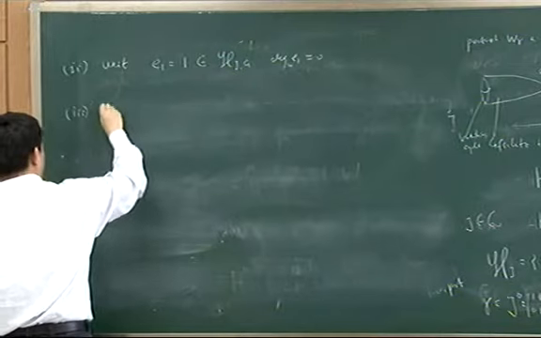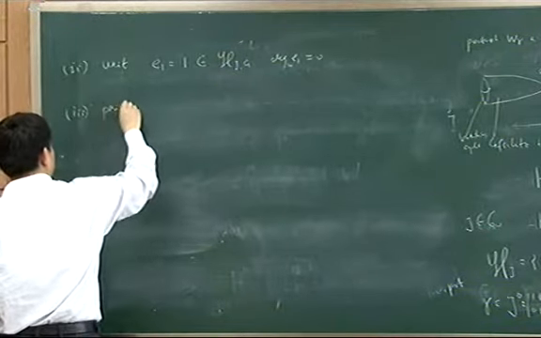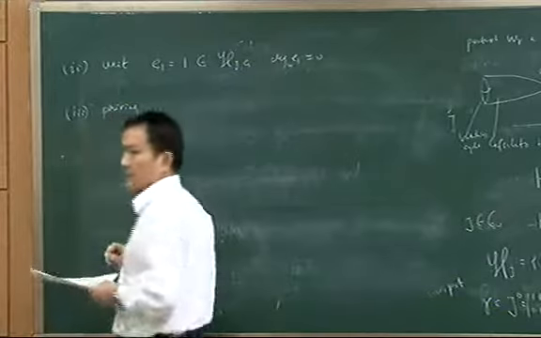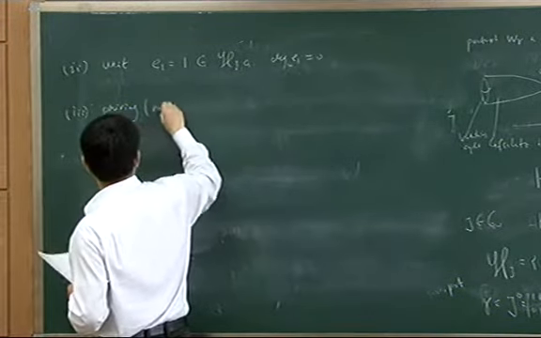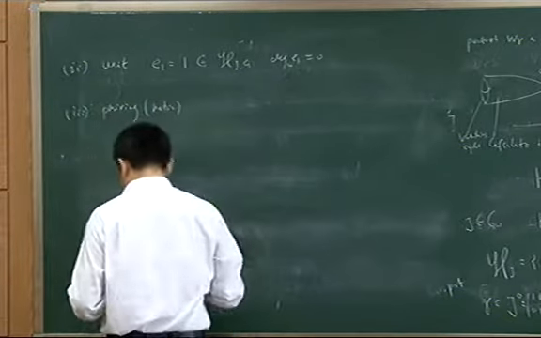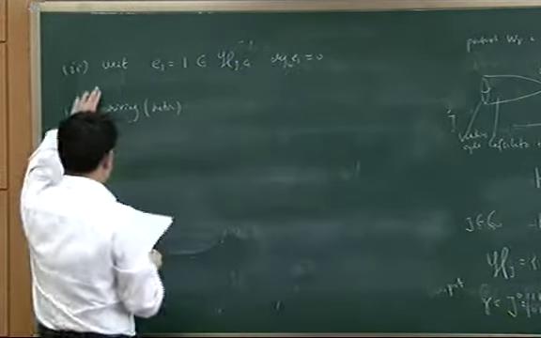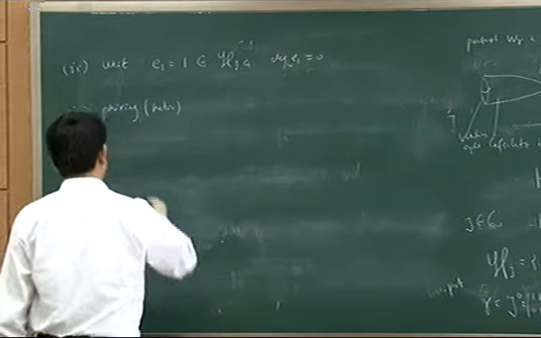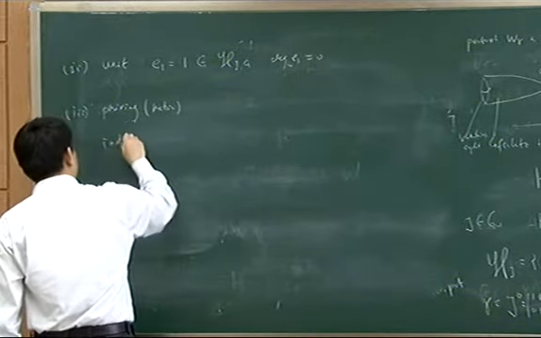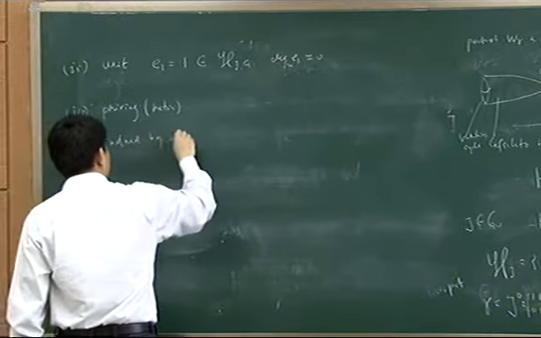Second, the pairing or metric of this space. The pairing is actually induced by the intersection pairing.